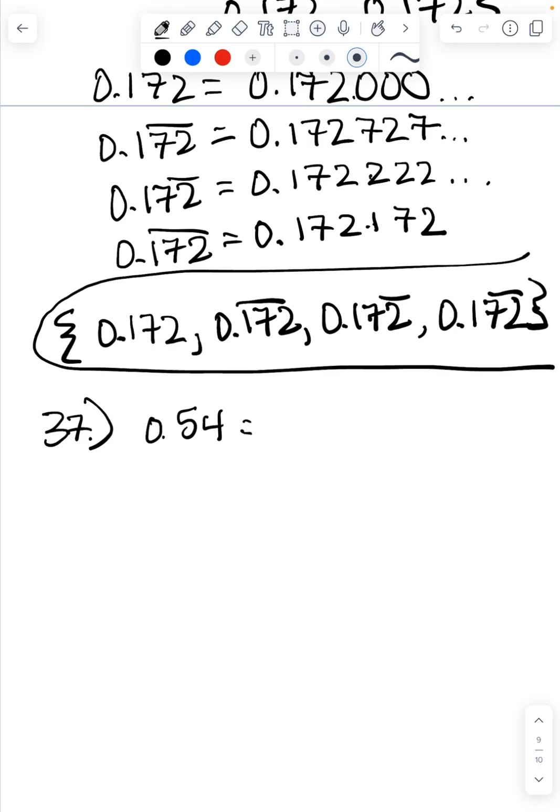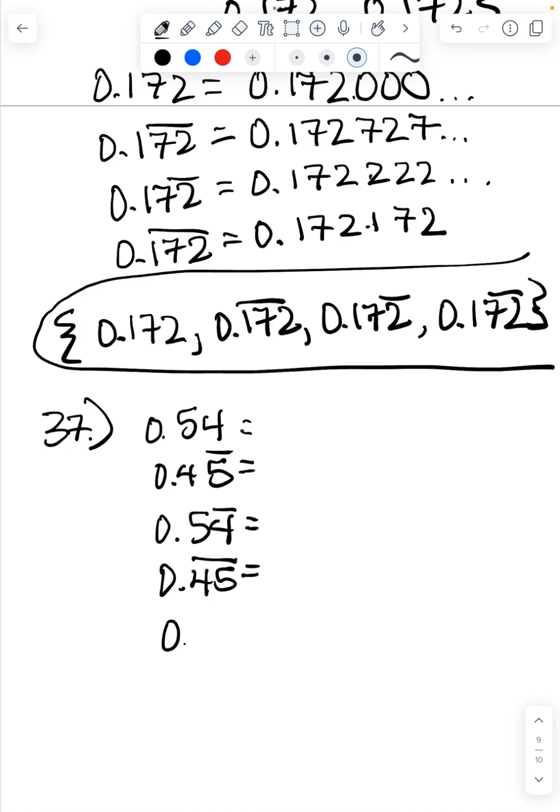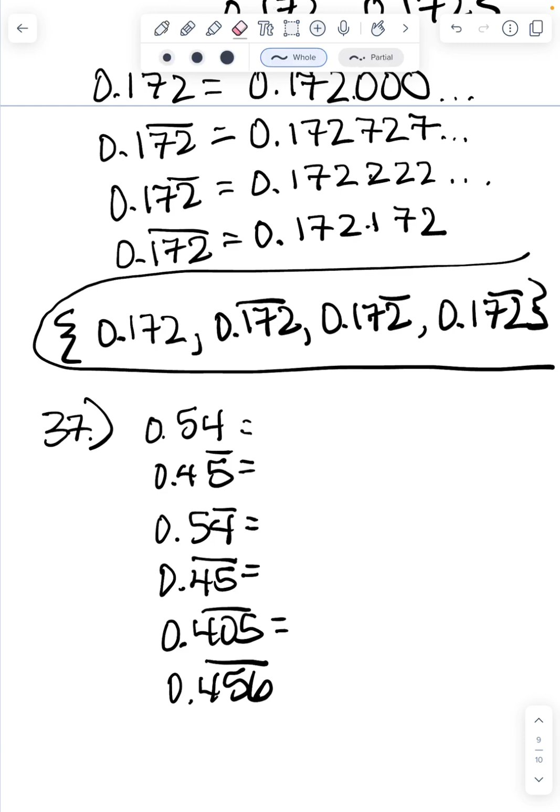So 0.54, 0.45 repeated, 0.54 repeated, 0.45 repeated, 0.405 repeated, 0.456. Oh, this one is just 5/6.